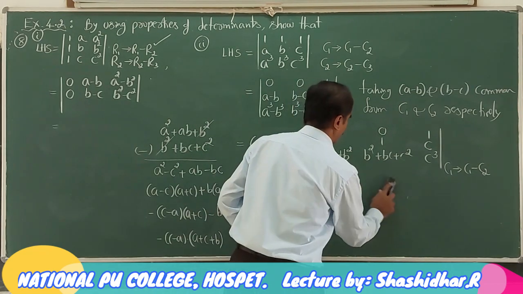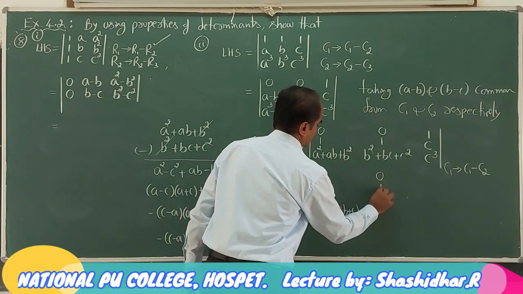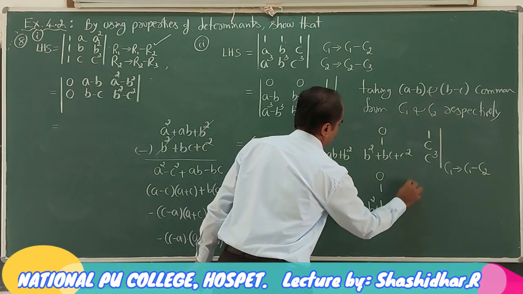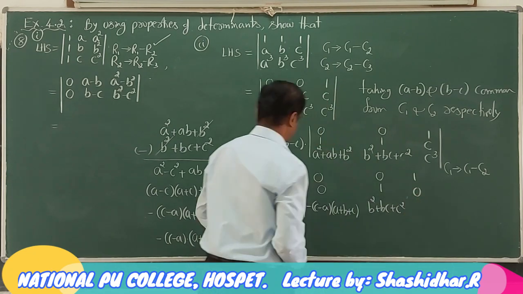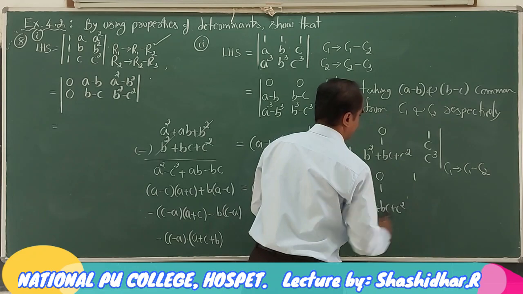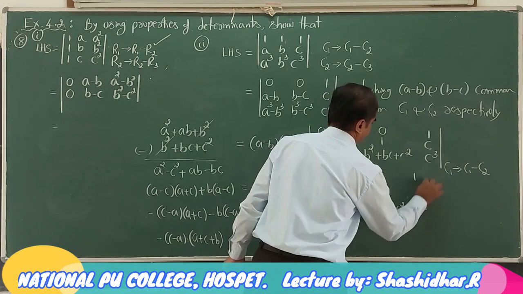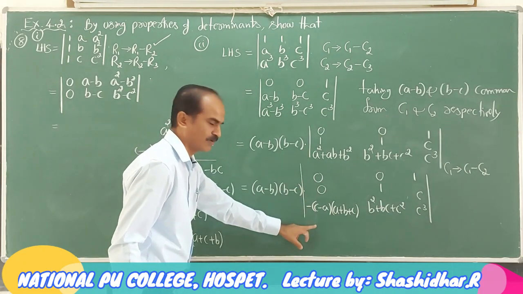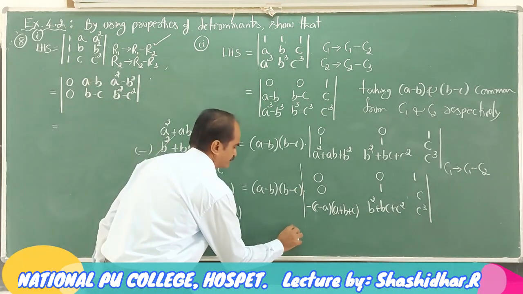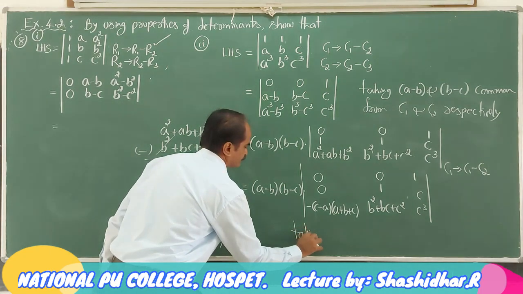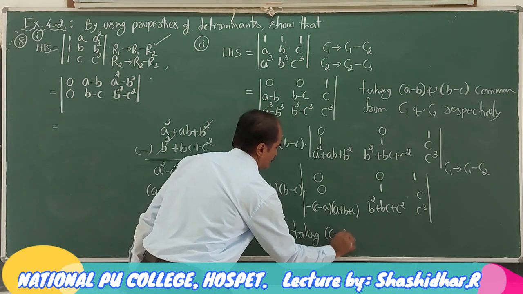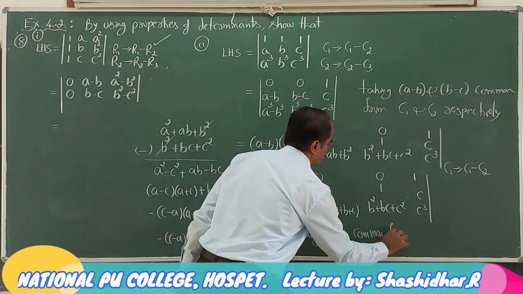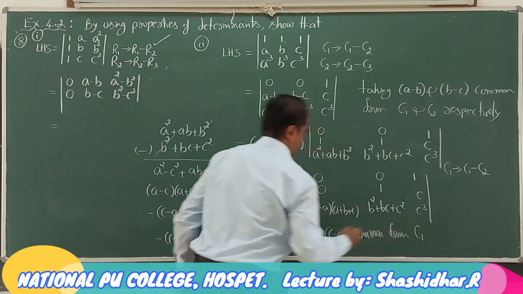Then second column elements 0, 1, B square plus BC plus C square. Third column 1, C, C cube. Now you can take C minus A factor common from C1.